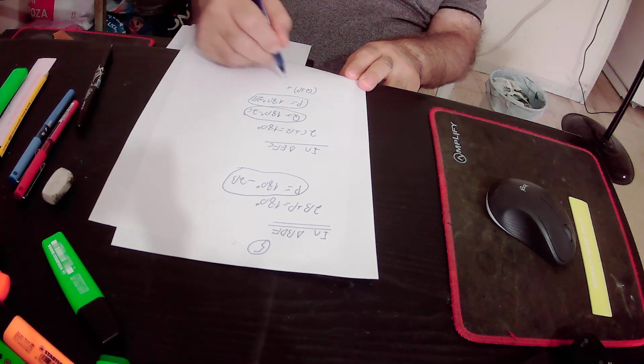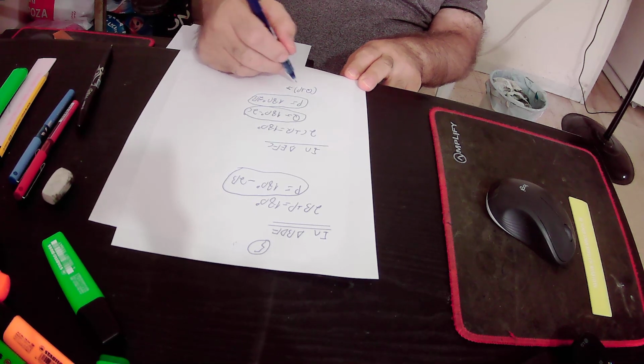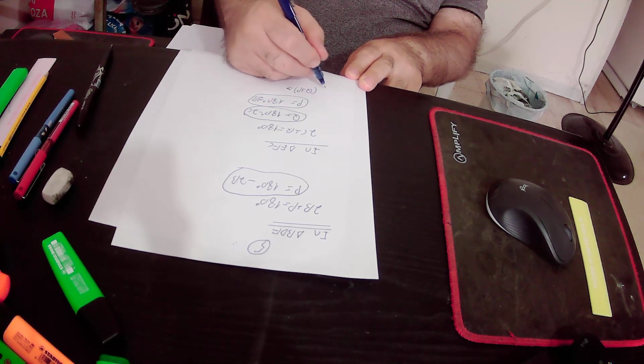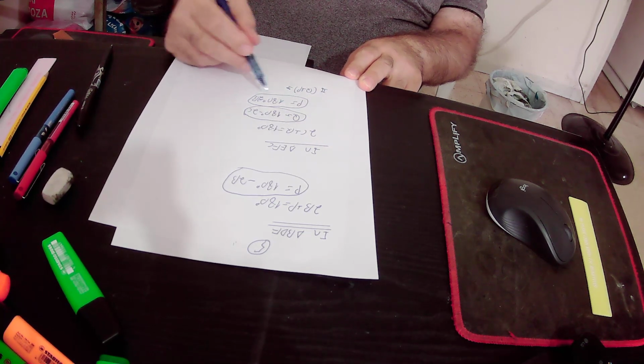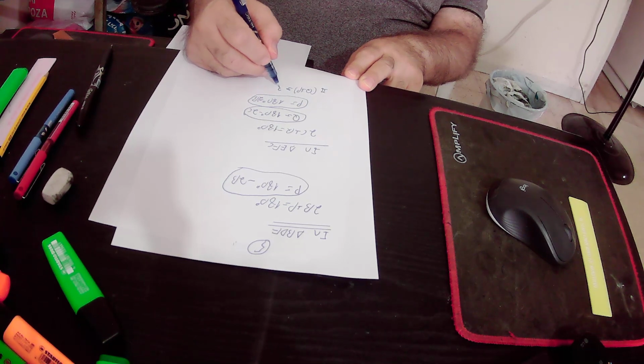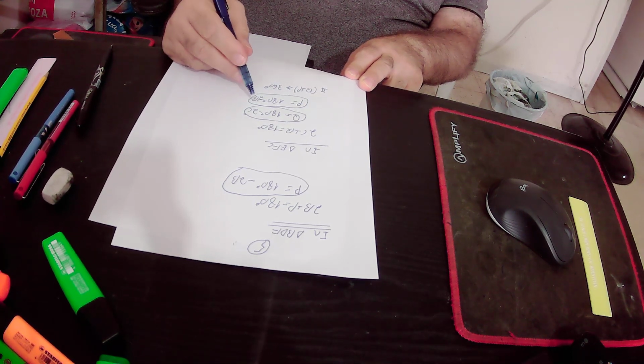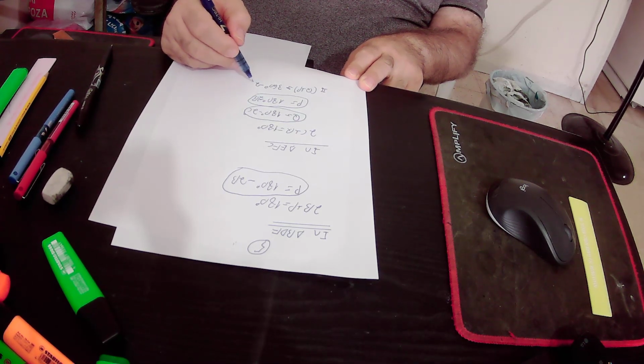That will be equation number 2: Q plus P equals 180 degrees plus 180 degrees, which is 360 degrees, minus 2C minus 2B.